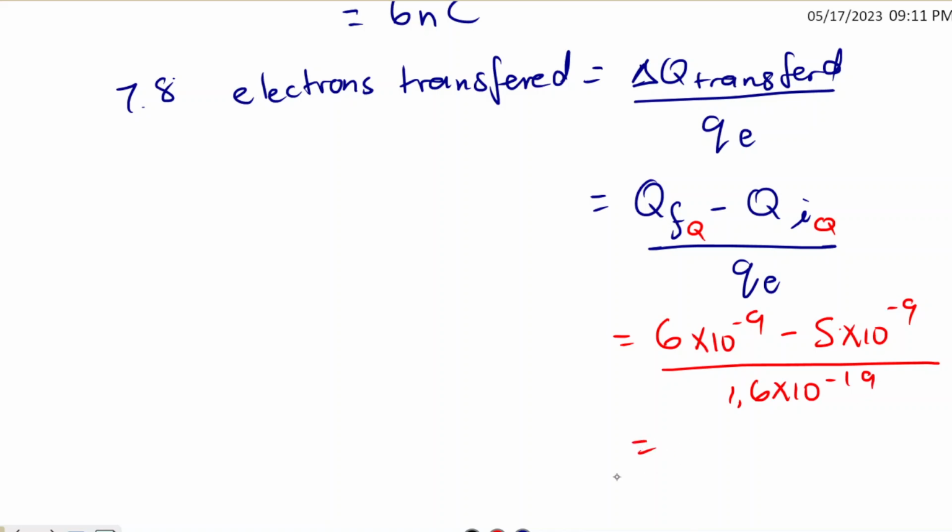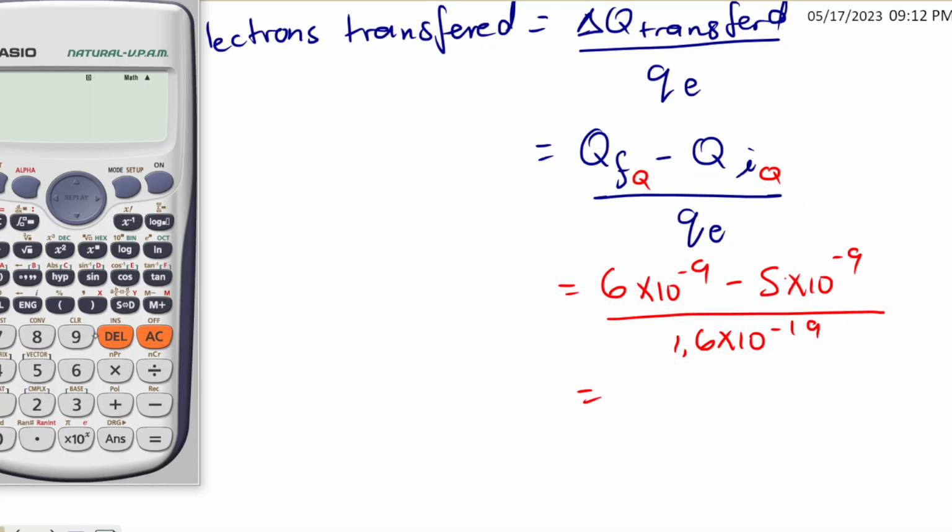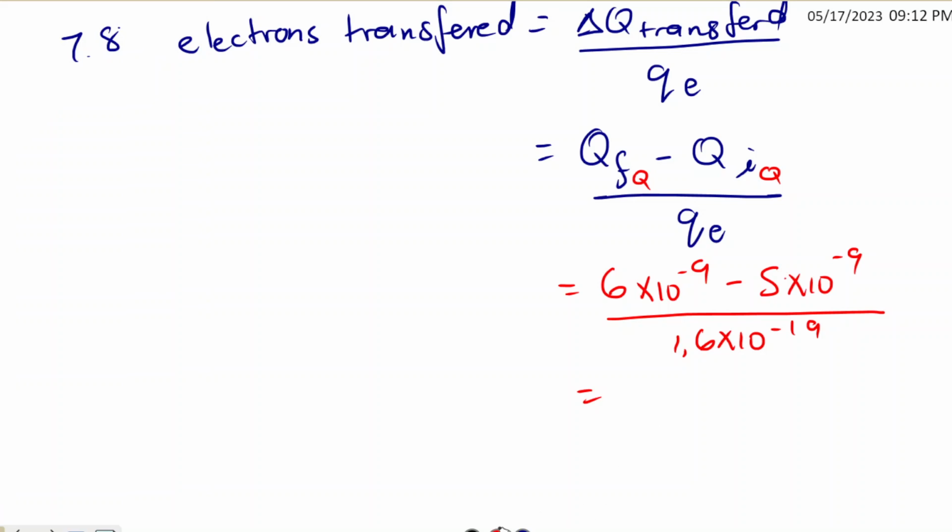So let's find this one. We have 6 nano subtract 5 nano, so we have 1 nano. We have 1 nanocoulomb divided by 1.6 times 10 to the power negative 19.